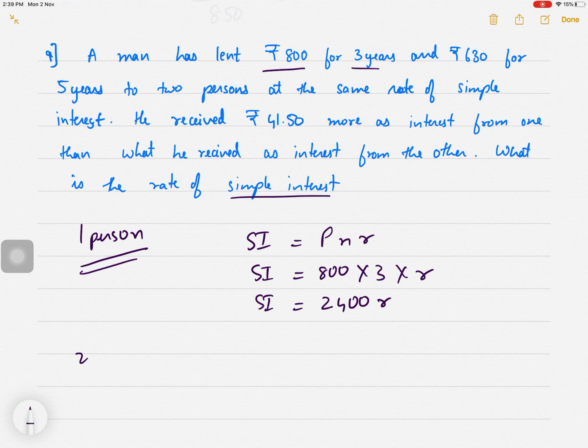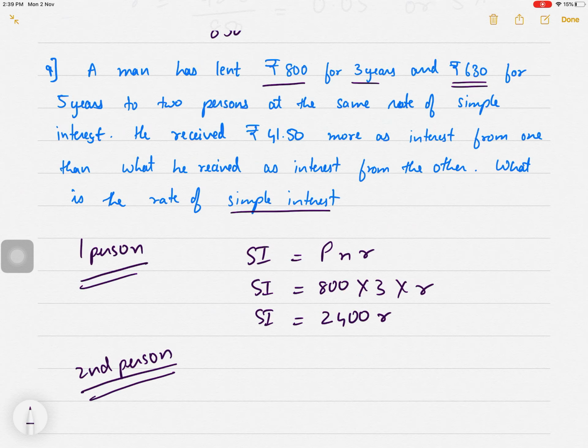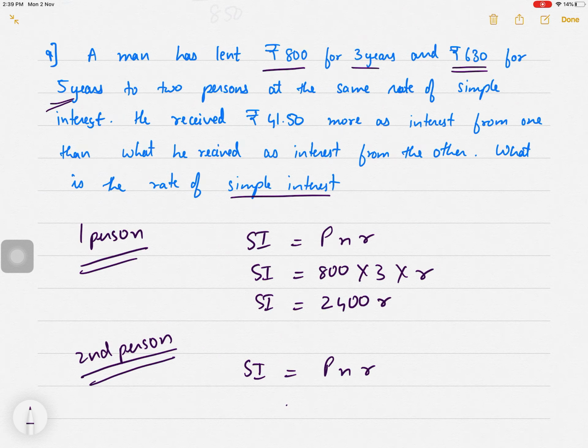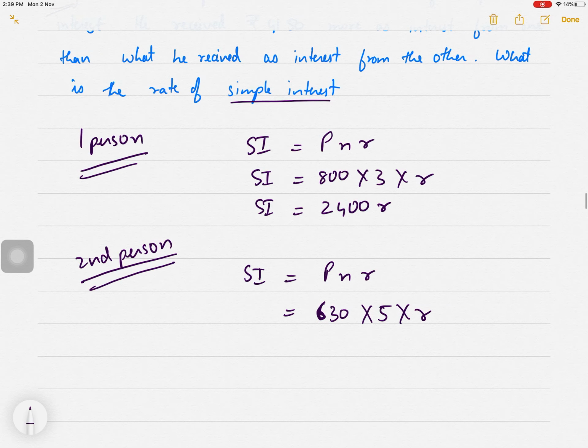Now for the second person, principal is 630 for 5 years. So simple interest is equal to P into N into R, with principal 630 and period 5 years. R is same, you don't know how much it is. Rate of interest is same for both cases, so I'll write R as it is.